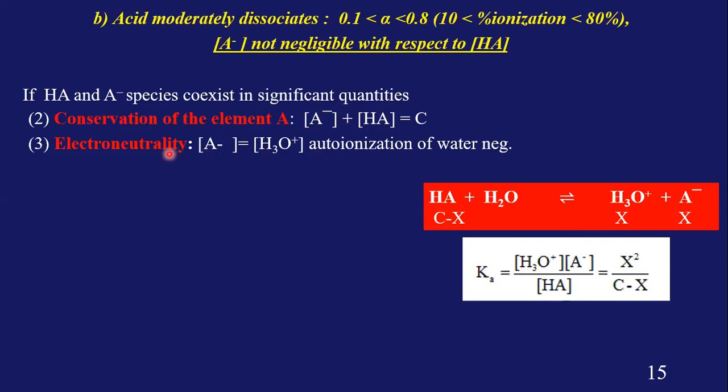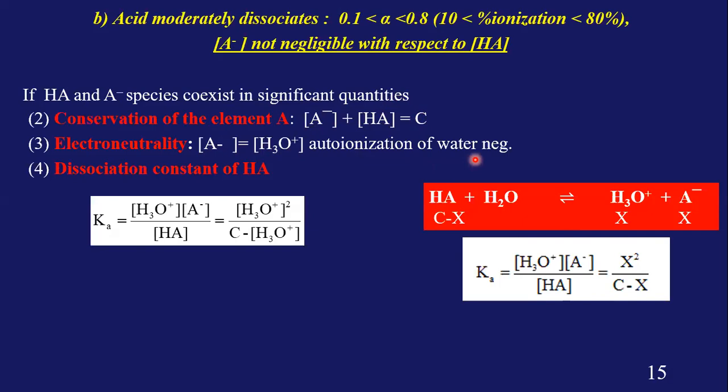And from the electroneutrality principle, A minus is equal to H3O plus, because we neglected the autoionization of water. And therefore, the dissociation constant now, since H3O plus equals A minus, is simply H3O plus squared over HA.